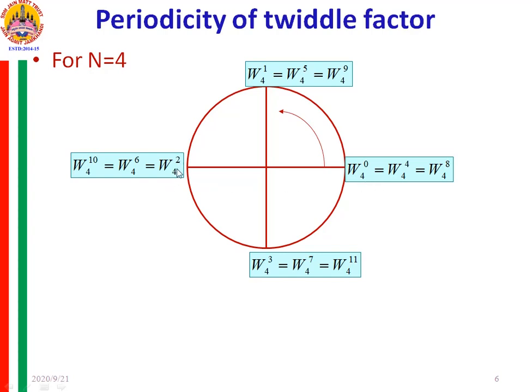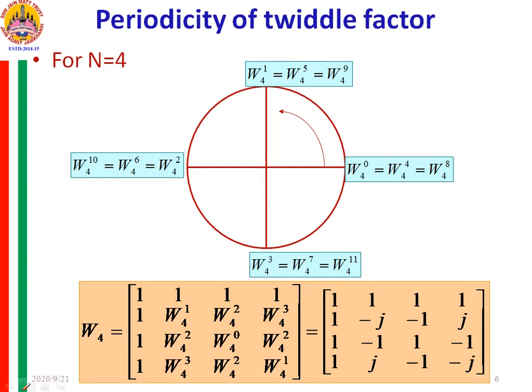So W raised to 2, 4 is also real, and it is equal to minus W raised to 0, 4. And this W raised to 1, 4 is conjugate symmetrical to W raised to 3, 4. So if W raised to 1, 4 is minus j, W raised to 3, 4 will be plus j.